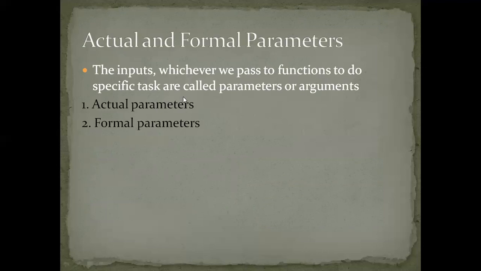This is an important concept, actual and formal parameters. On this you can expect one question. What is an actual parameter and what is a formal parameter? Explain with an example. The inputs whichever we pass to a function to do a specific task are called parameters or arguments. We have seen the argument list in one of the previous syntaxes.